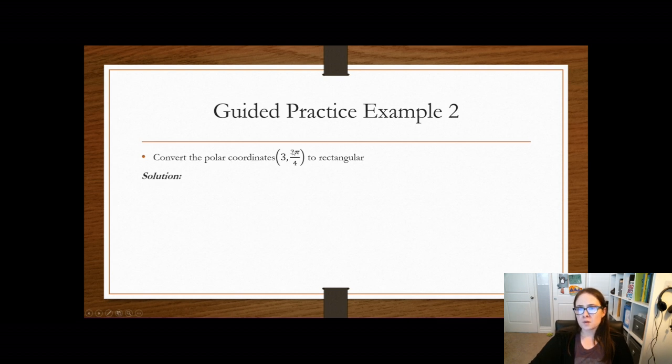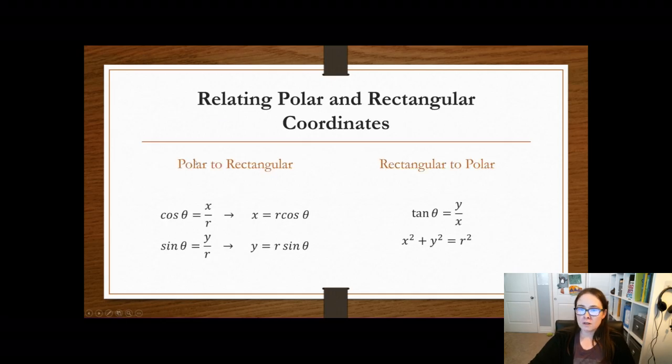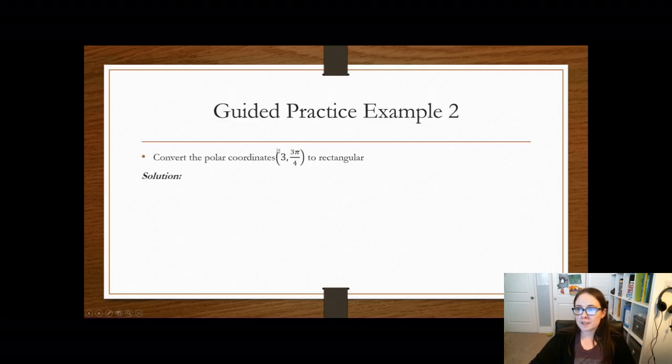So let's say I want to take these polar coordinates 3 and 3 pi over 4, and I want to convert them to rectangular. So again, I'm going to be using these ones on the left, because I have the r and the theta, and I want to get to the x and the y. So I'm going to plug in, r is going to be 3, theta is 3 pi over 4.